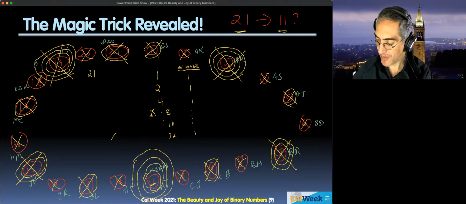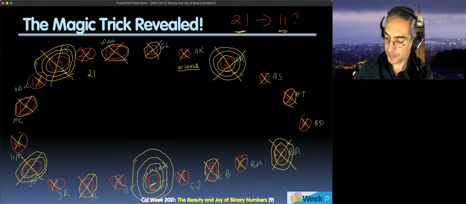So now, let me erase all this stuff. So now that I know that rule, here's a question I ask you. If I have 21 people, can you see the idea that we're going to play this game, standing and sitting, and then this number is going to get smaller, right? After the first person sits down, after 2 sits down, there's only 20 people. After 4 sits down, there's 19 people.